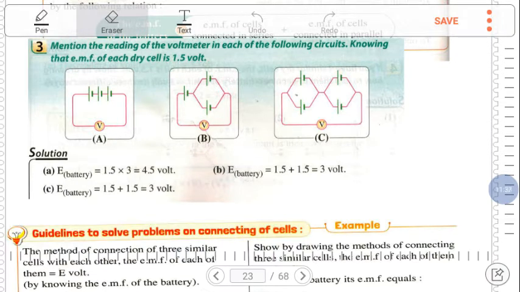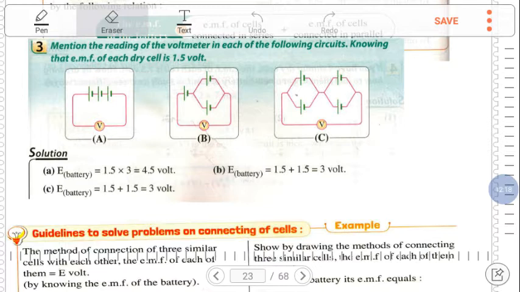The two connected in parallel equal 1.5, just one of them. Connected in series, 1.5 for the two plus 1.5 for the third. So 1.5 for the two in parallel plus 1.5 in series equals 3 volt.